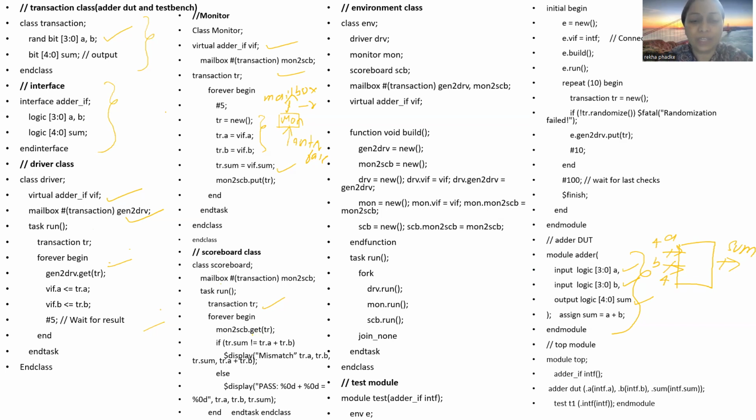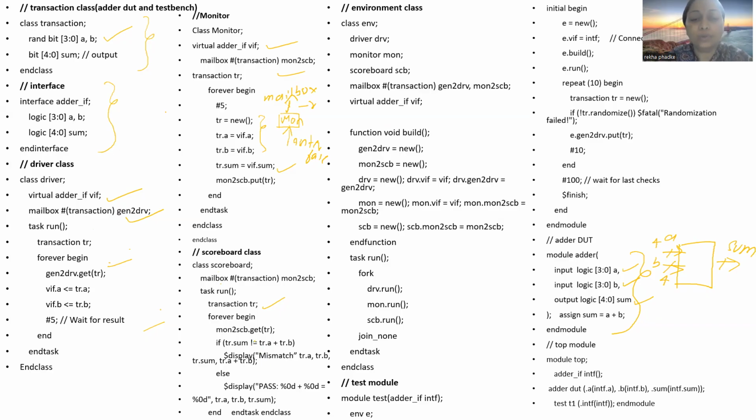So that packet is read by the scoreboard via the mailbox, and then it checks whether the packet's sum, which is tr.sum, is evaluated properly. So it sees whether this is equal to a plus b. It manually, separately does that evaluation.